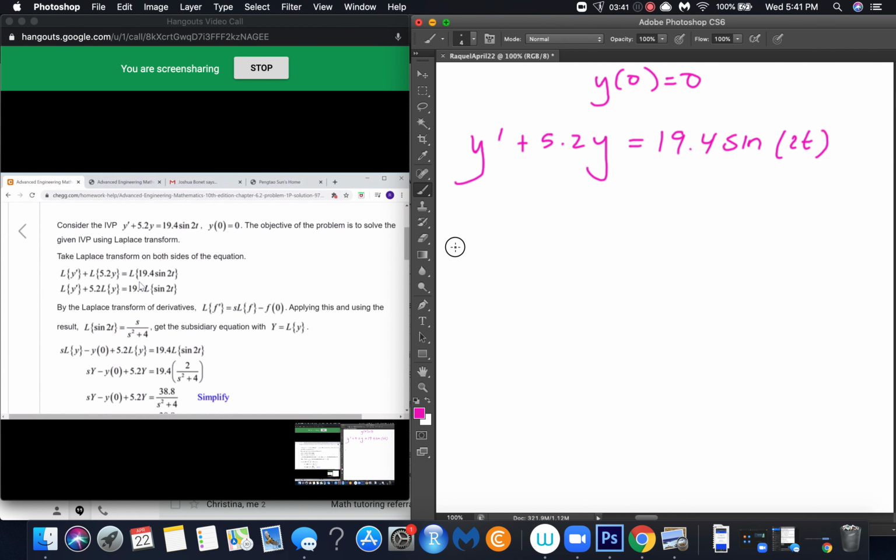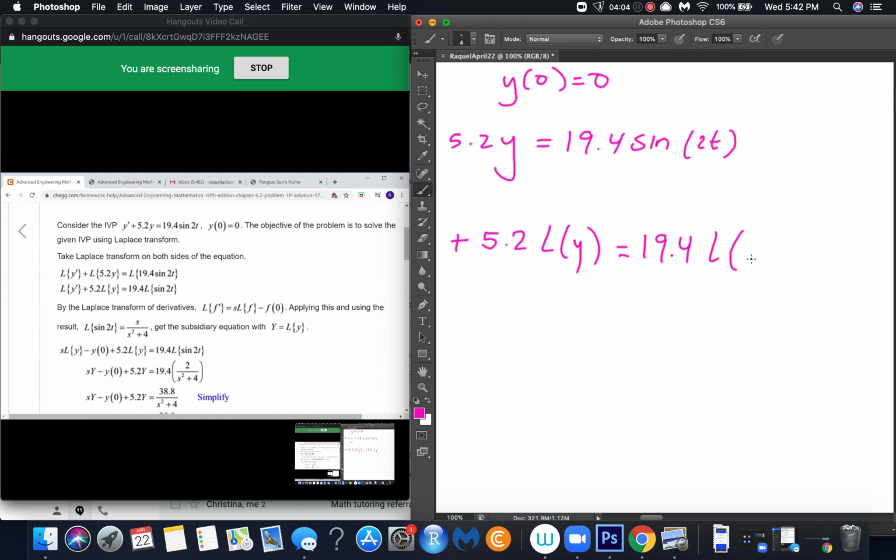So you can take L of y prime plus, now the constants, it's also linear, so you can take them out of the Laplace transform. That's why you only see the Laplace transform applied to the functions, because the constants can be pulled out.